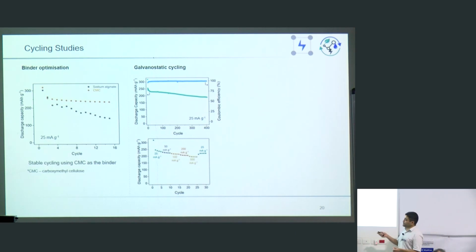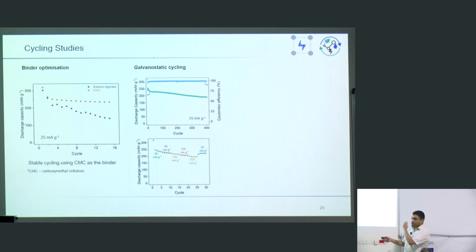The other experiment is slightly different. You can imagine this experiment as driving an electric vehicle or electric bike, and you suddenly want to accelerate. So you are demanding a lot more power from the battery. Then you apply your brakes, and you're reducing the power output from your battery. So this is an experiment where we change the current density that we apply to this battery, and check the capacities that the material is able to achieve.